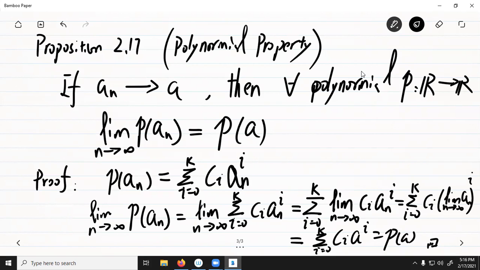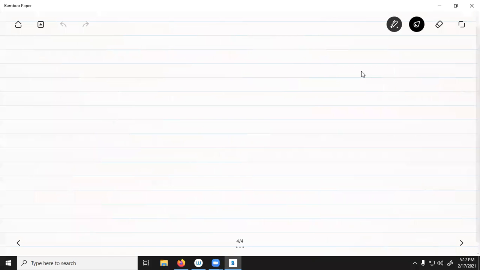And the proofs in my notes are different from the proofs in your textbook, so I think you'd better use my proofs. Okay, so now let's go to the next section, which is called sequences and sets.